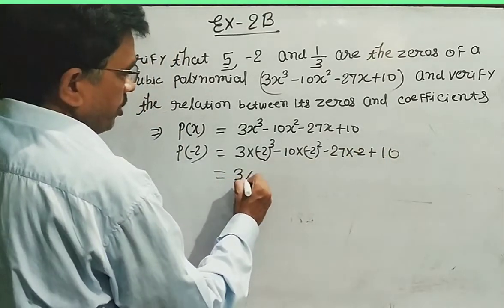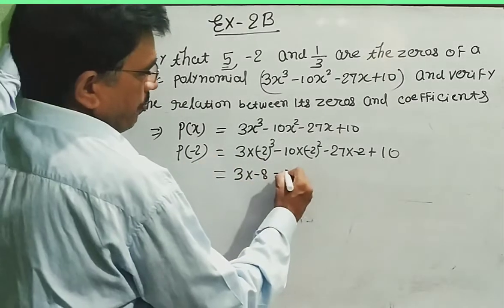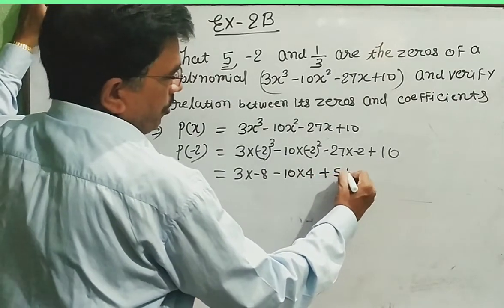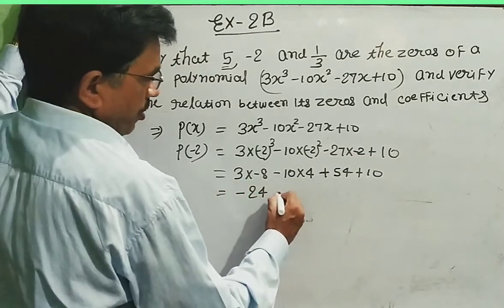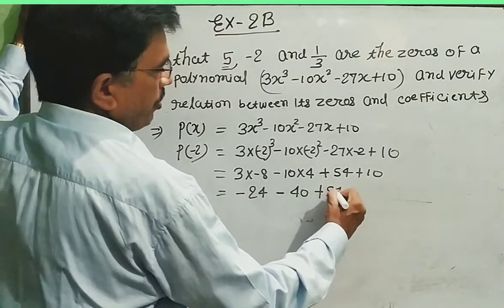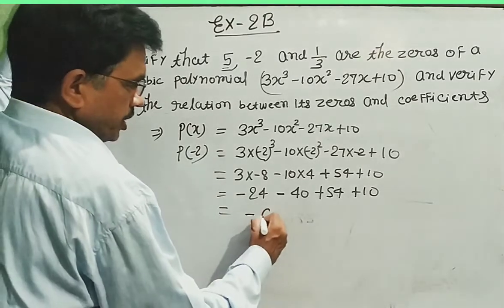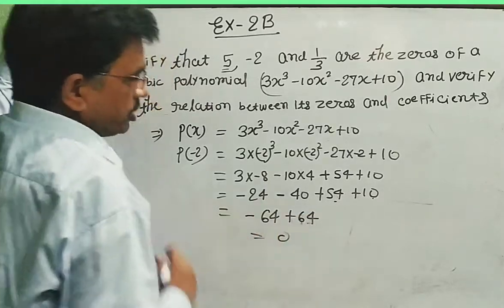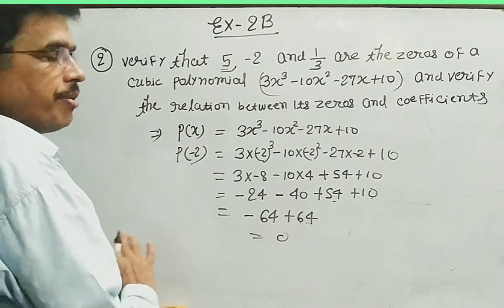Here it is 3 into minus 8, because minus 2 times minus 2 times minus 2 is minus 8, minus 10 into 4, and minus 27 into minus 2 is plus 54, and plus 10. Then it is minus 24 minus 40 plus 54 plus 10. You get minus 64 and also plus 64, so the result is 0. Then it is clear that minus 2 is a zero of the given polynomial.